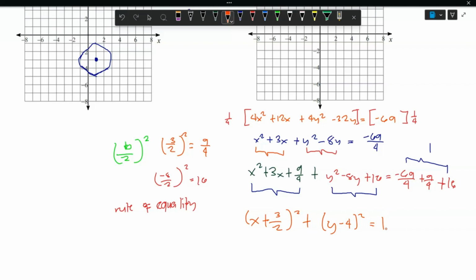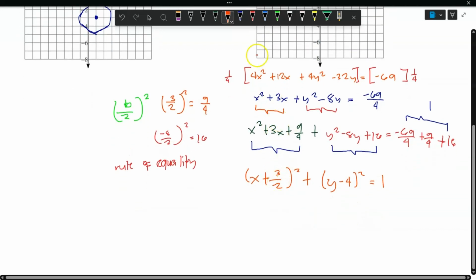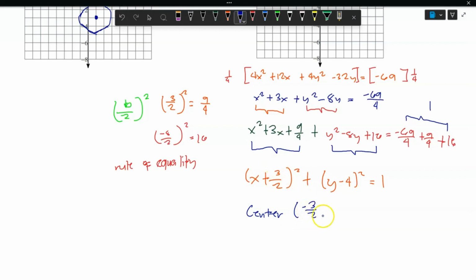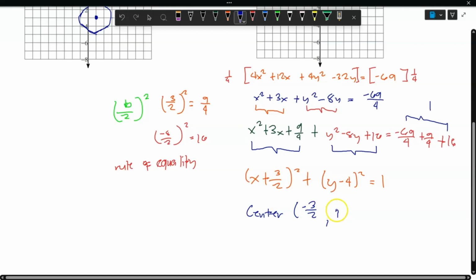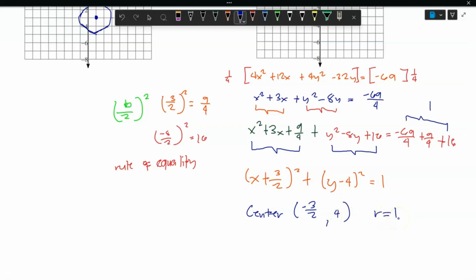And again, if we have now our standard form, it's easier for us to find our center. So center will be at negative 3 over 2, comma 4. And again, radius is 1. So let's try to plot this. What is negative 3 over 2?